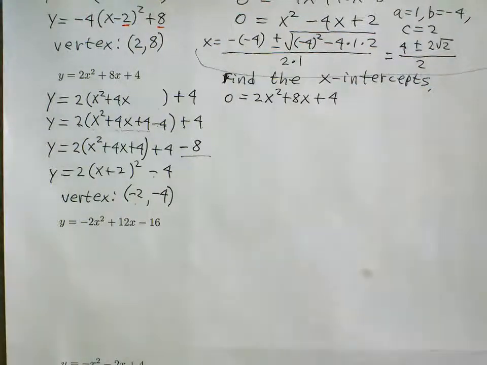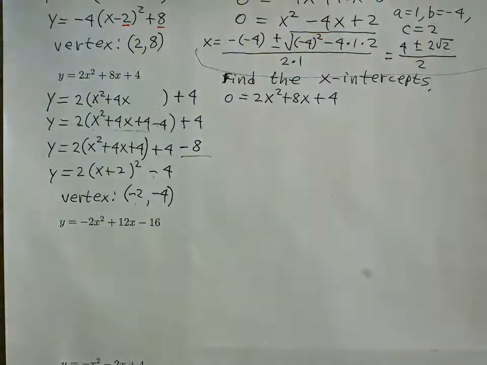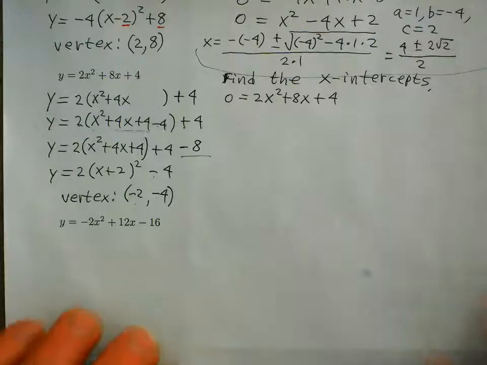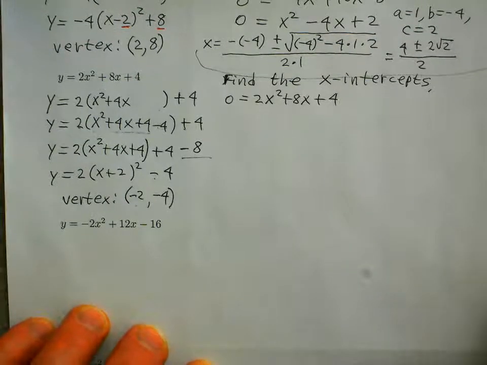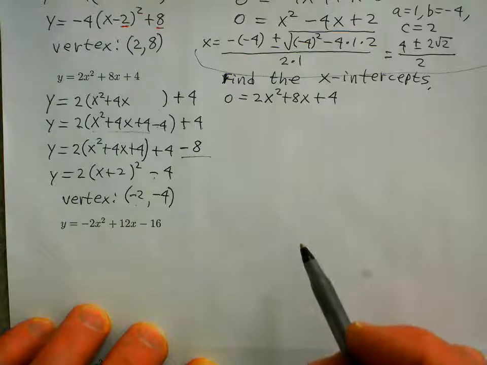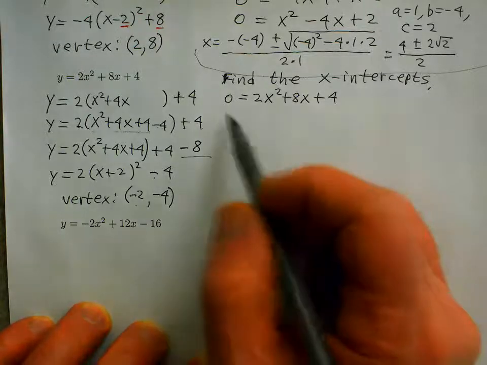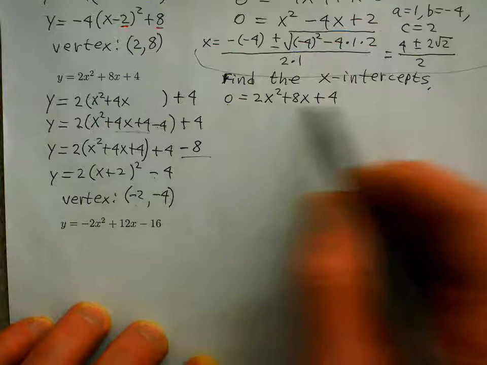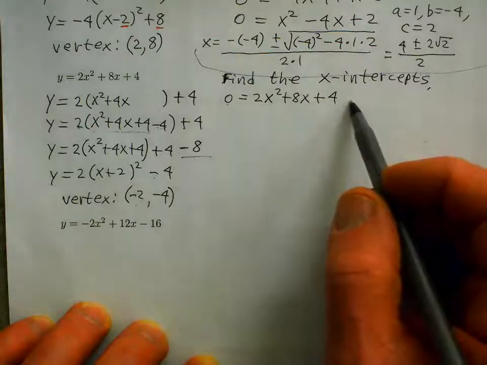So the reason we replace y with 0 in order to find the x-intercepts is because every x-intercept has a y coordinate that is equal to 0. Okay, so replace y with 0 and solve for x.